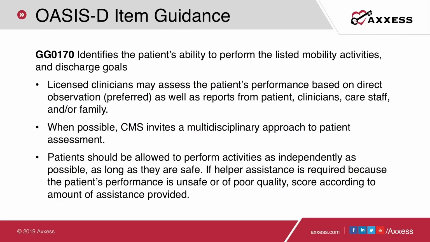Let's get into some item guidance for this particular GG0170 item. According to our OASIS-D guidance manual, Chapter 3, GG0170 identifies the patient's ability to perform the listed mobility activities and the discharge goals. Licensed clinicians can assess the patient's performance based on direct observation, which is preferred, as well as reports from patients, clinicians, care staff, and/or family.